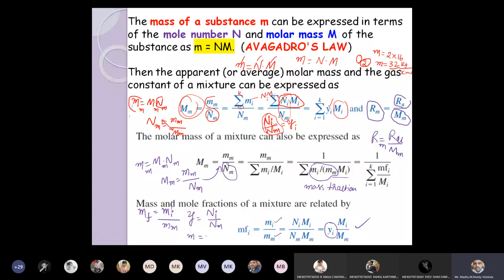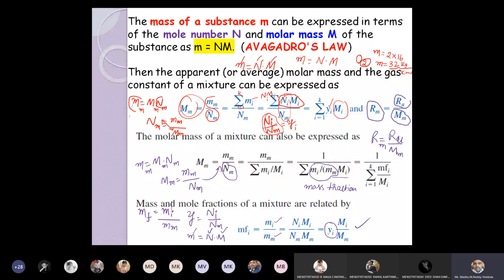These three formulas are very, very important. Throughout this topic, we are using these three formulas. Any doubt in these three formulas? One is Avogadro's law, the second is mass fraction, the third is mole fraction. According to Avogadro's law, the mass of the substance is equal to the number of moles multiplied by the molar mass. If it is clear, then I will go to the problem.